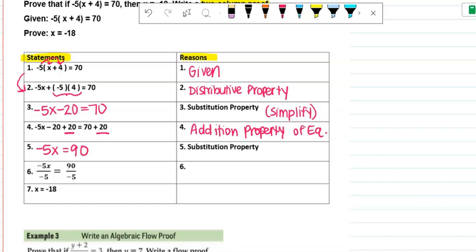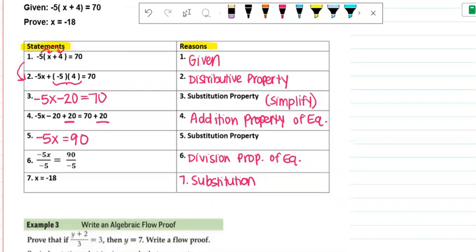Oh, we have to get rid of that -5. So we would divide. So if we're dividing, this would be our division property of equality. If we want to abbreviate, that's okay. We get the idea. And then it looks like, okay, we actually divided, we simplified. So this number 7 would be substitution.